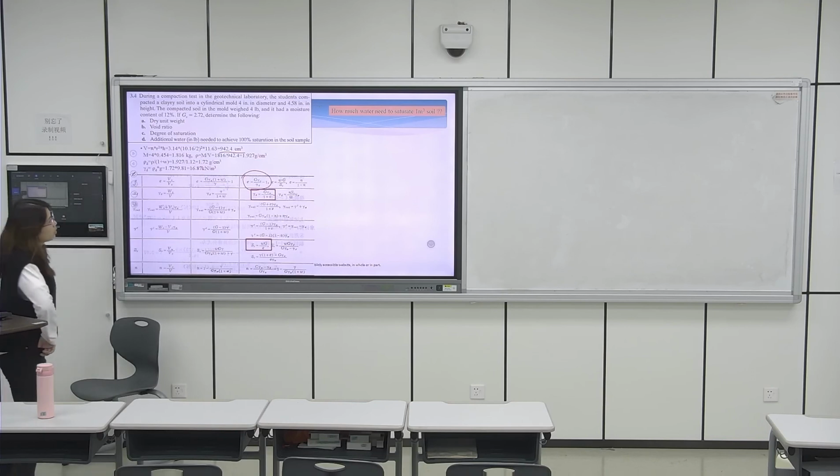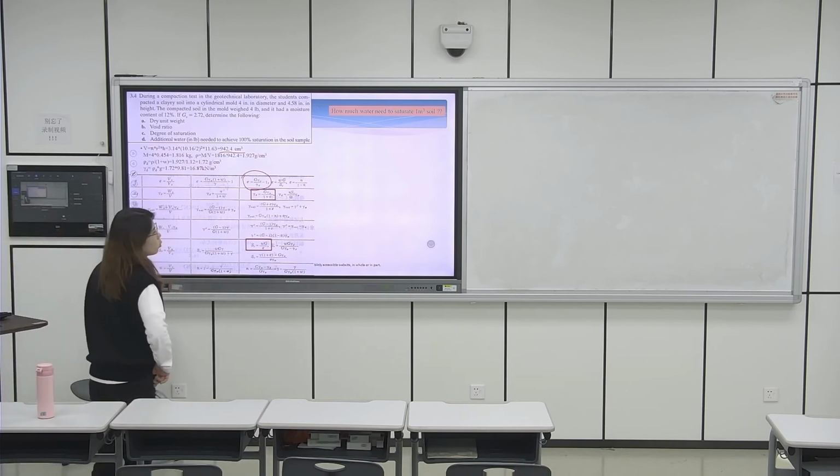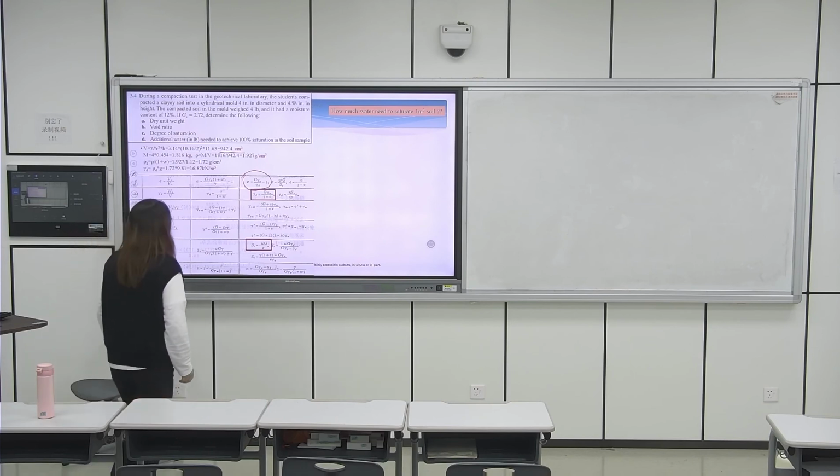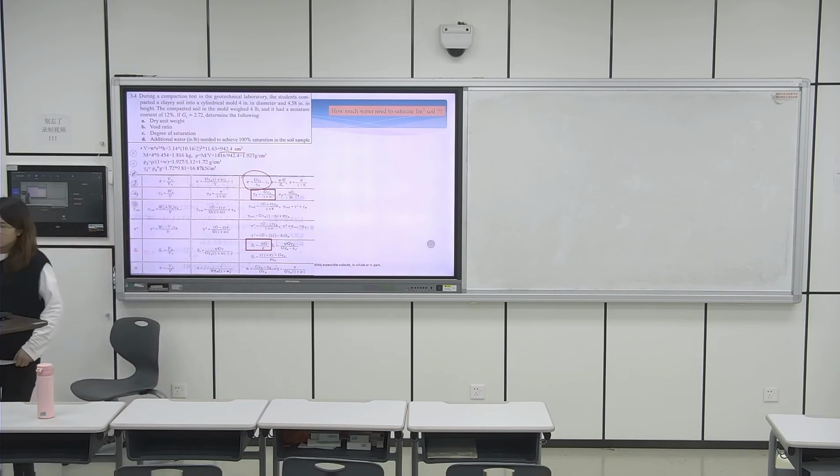So you need to calculate how much water is needed to saturate 1 cubic meter of soil. Let's see. We know the saturated mass for 1 cubic meter of soil; the saturated mass minus the moist mass is the water you need to saturate it.